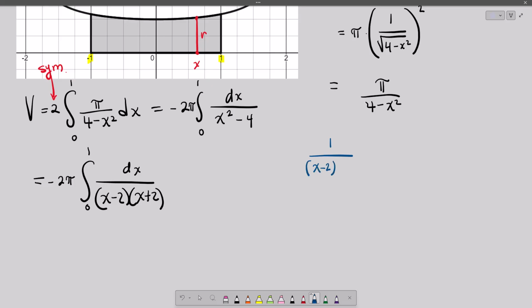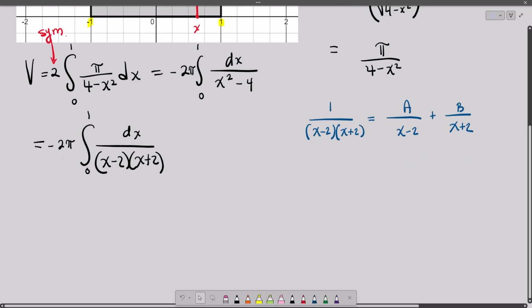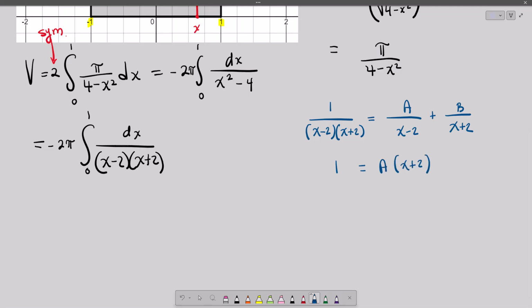So we'll PFD it. And PFD with two linear factors is pretty fast. So we've got that. We multiply both sides by the denominator that's on the left. We get that.